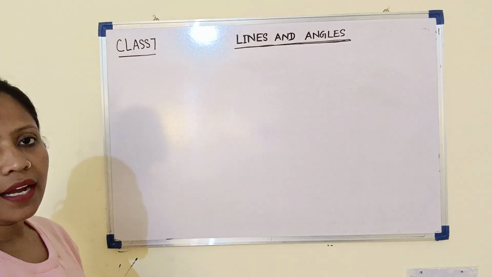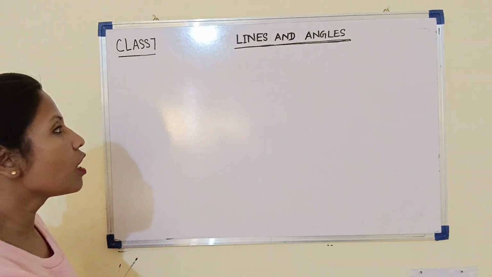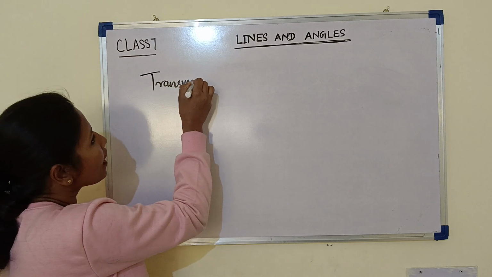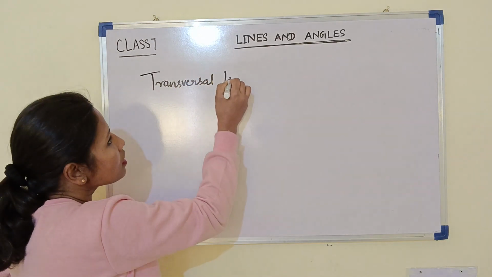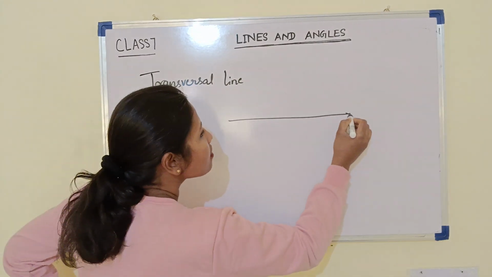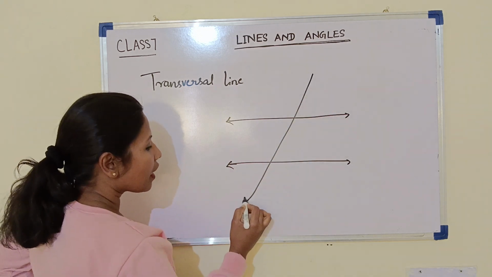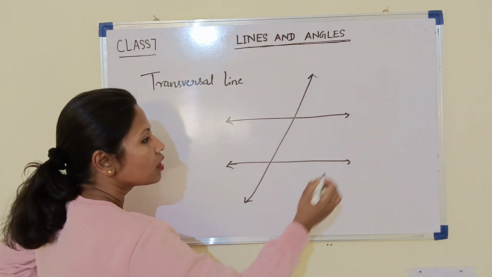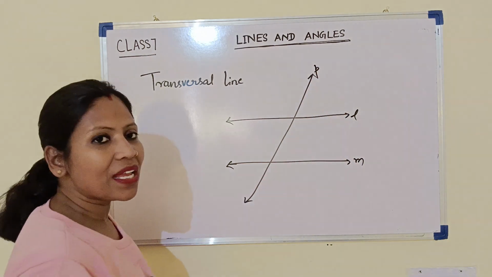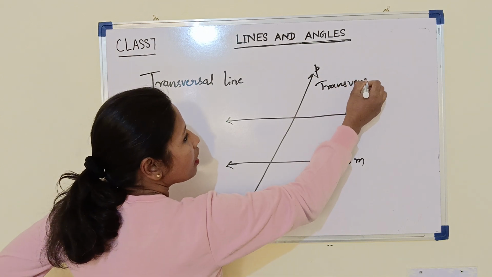Now let's take an example. Let's take a concept of parallel lines and transversal lines. What is a transversal line? Because this is playing a big role in geometry. So if two parallel lines are there and there is one line which cuts them, suppose lines L and M and this is P, so this P is called transversal line.